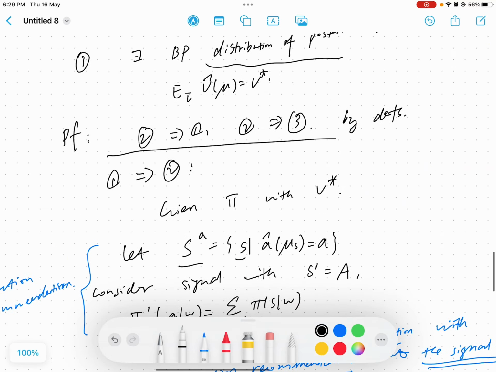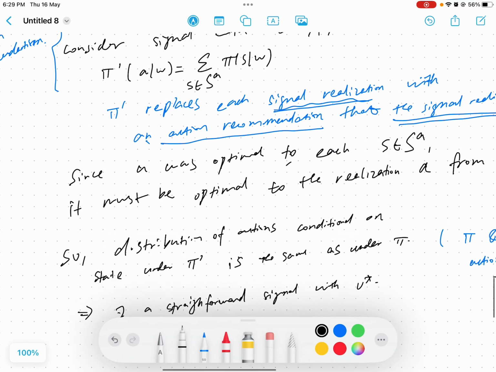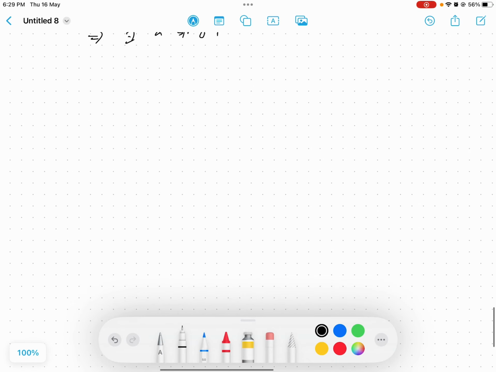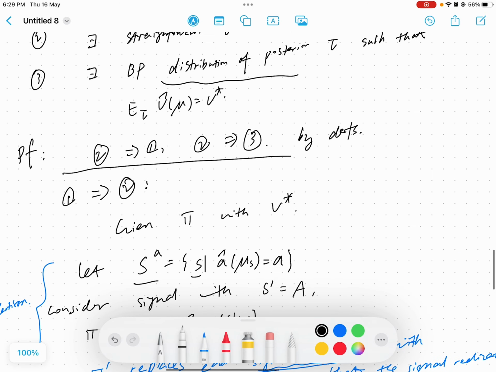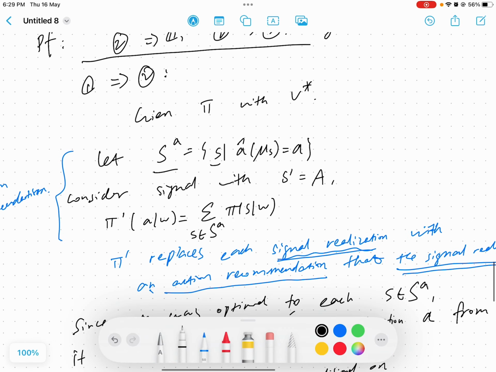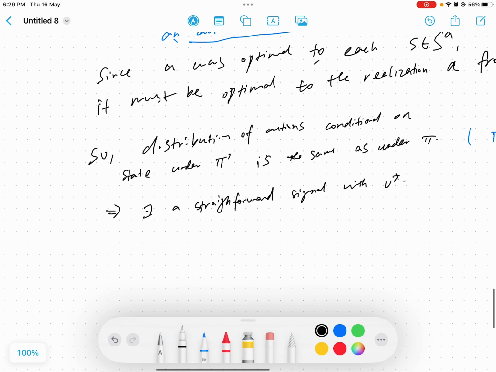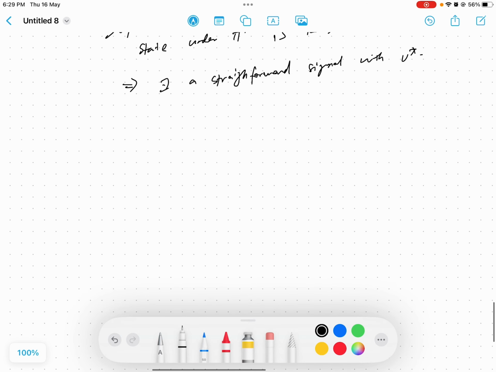All right, so that completes the proof from 1 to 2. So now we have shown 2 to 1, 1 to 2, and 2 to 3. As mentioned in the paper, next we will show that we are using 3 to prove 1.